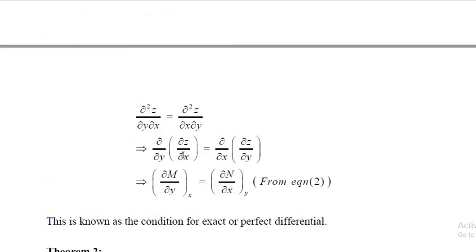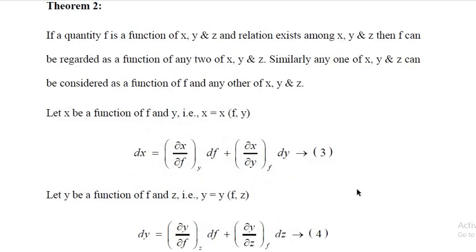We will get dou M by dou y at x is equal to dou N by dou x at y. This is known as the condition for an exact differential or perfect differential.